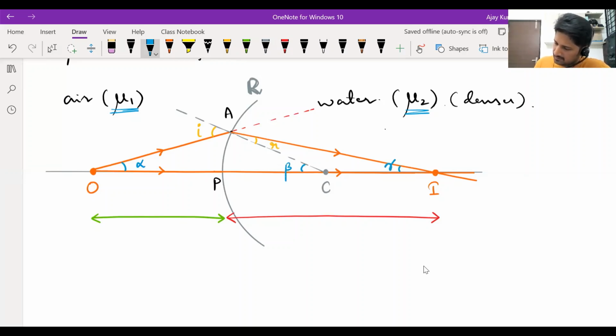Okay. One of you tell me, while deriving the mirror formula, we made an approximation or an assumption. What was that? Or under which condition is the mirror formula applicable, valid?